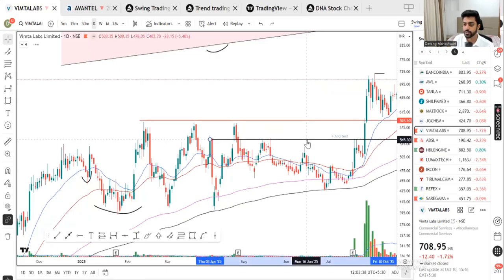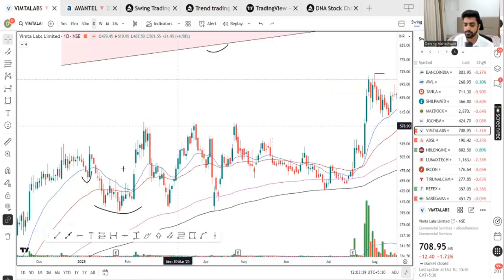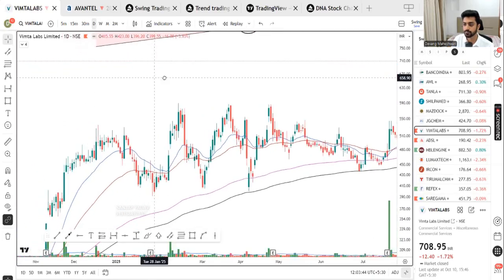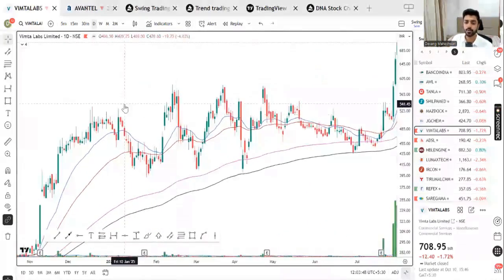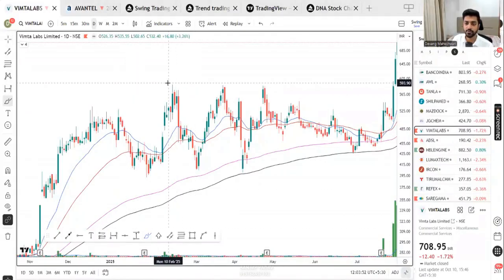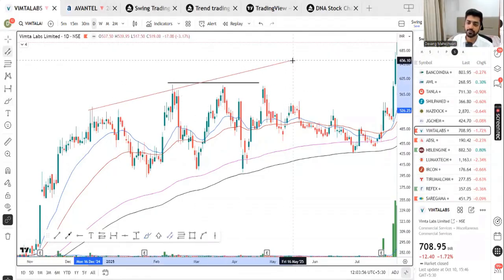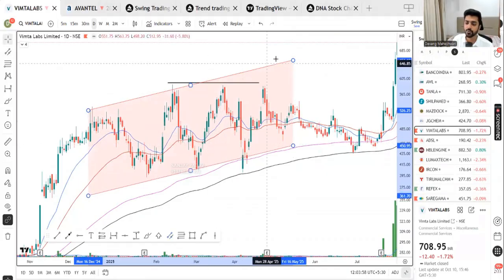Which kind of base is this? You have this up move up here. After this, it tried to break out here. Eventually, if it would have given a breakout here also, we would be able to draw like this somewhere, and it would be an upslope.